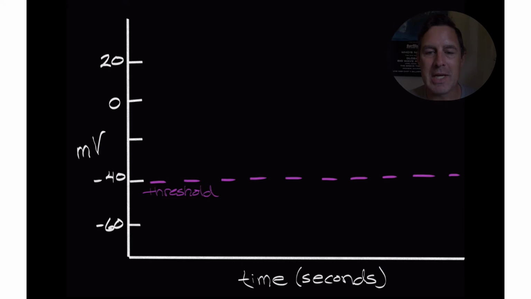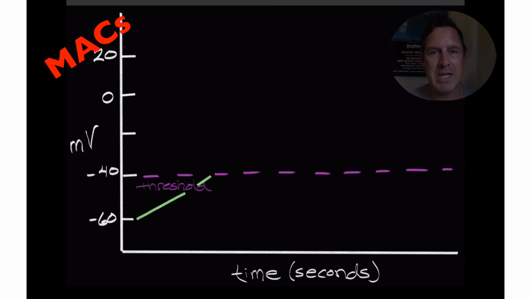So in this slide, we're looking at the graph for myocardial autorhythmic cells, which I tend to abbreviate as MACs. And threshold is going to be about negative 40 millivolts. I'm not super concerned with what the actual voltage is, but most textbooks are going to suggest it's negative 40 millivolts.